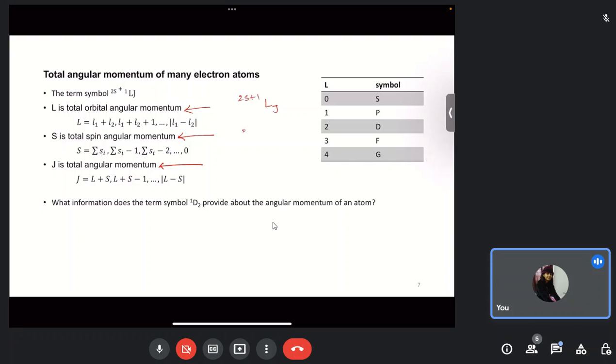Here we have been asked what information the term symbol 1D2 provides about the angular momentum of an atom.